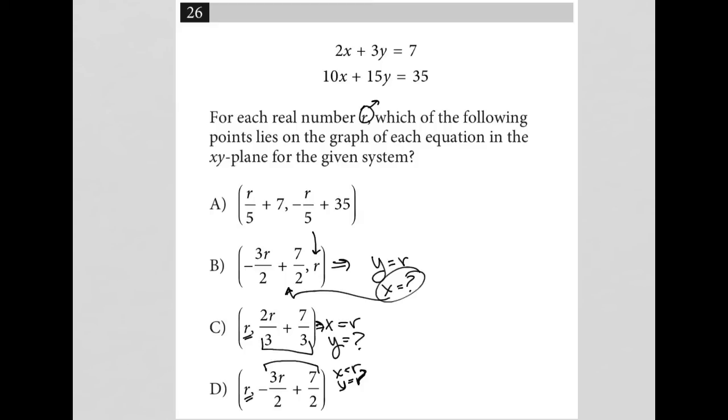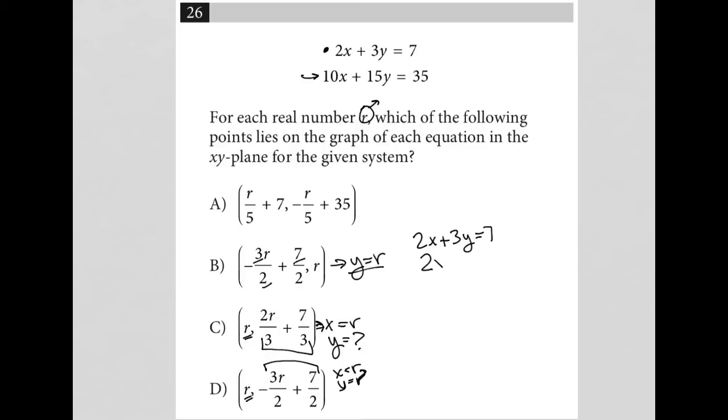So let's try B first. Again, this answer is telling us that y equals r. I see 3, 2, and 7 here, which means I'm going to use this first equation in order to plug my y equals r in instead of using the second equation. So I start off with 2x plus 3y equals 7. I'm going to turn that into 2x plus 3r equals 7, because y equals r.